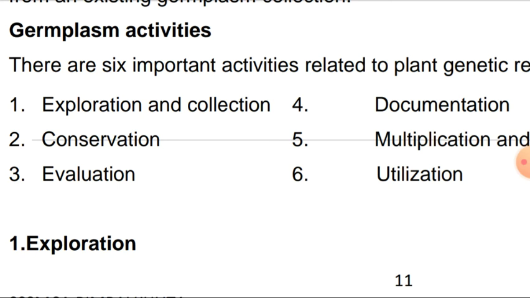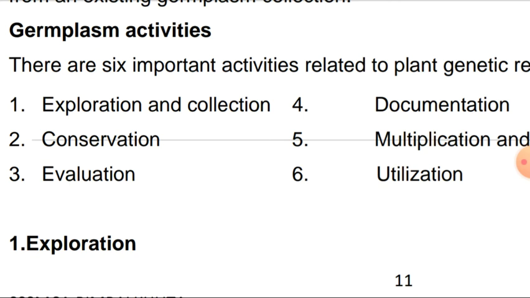So majorly when we have to conserve this particular plant species in seeds, it will be the storage, which is the important one. Third one criteria, that is the evaluation. After that particular collection and conservation, we can do the screening of the germplasm on the basis of morphological, genetical, economical, biochemical, physiological, pathological, and entomological attributes.